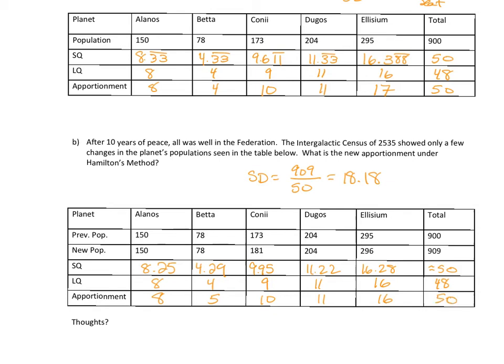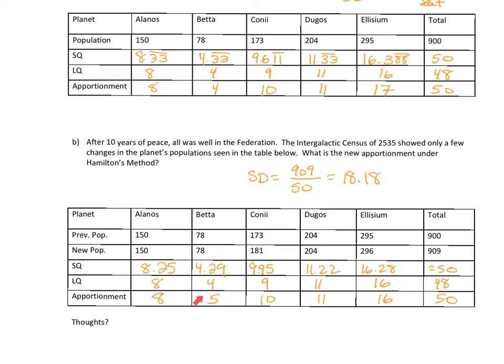Okay, thoughts. So let's see. Planet A, their population stayed the same and their apportionment stayed the same. They're fine. Okay, B, population stayed the same. They gained a seat. A little weird, but they're not mad about it, right?